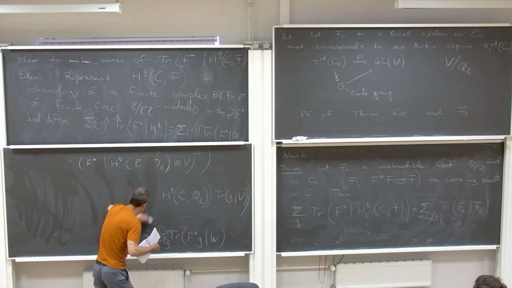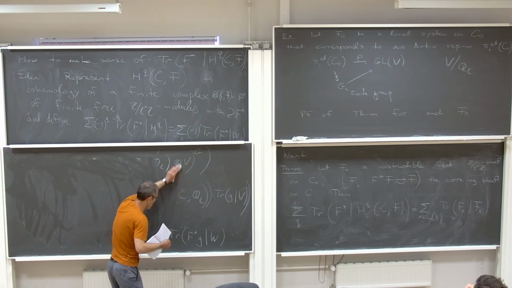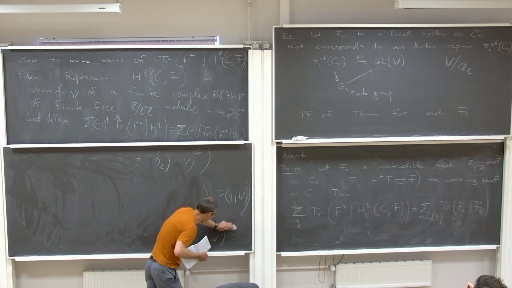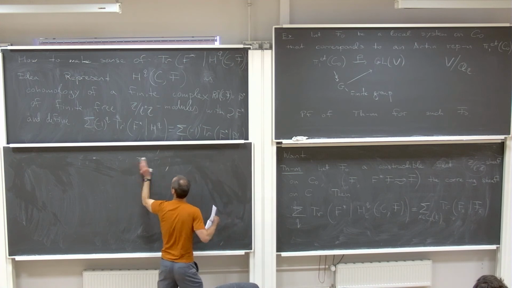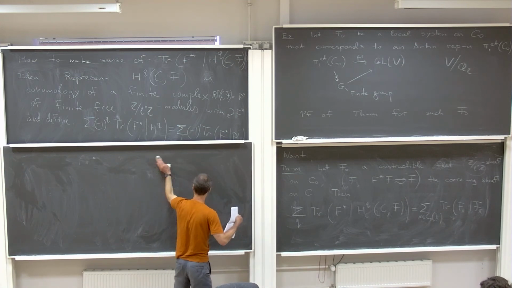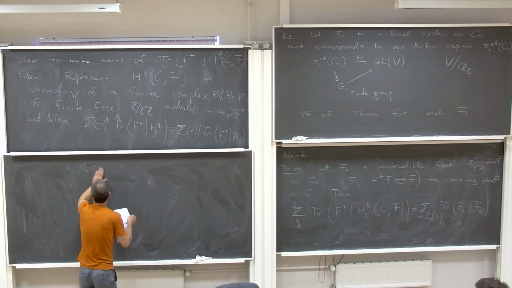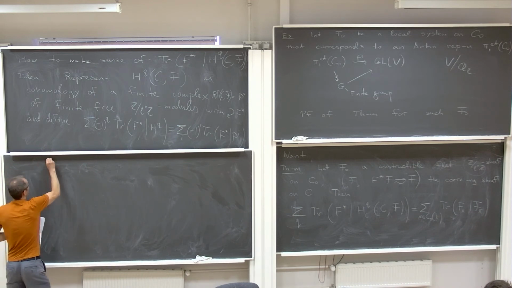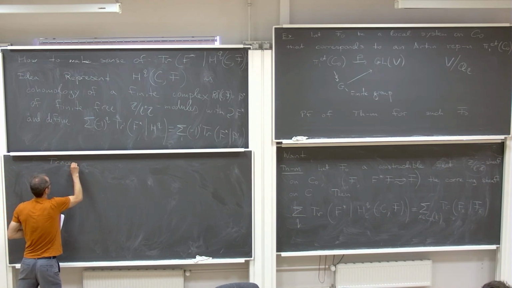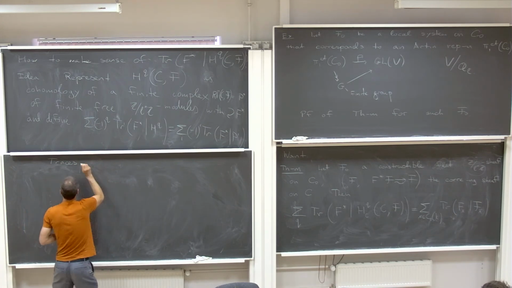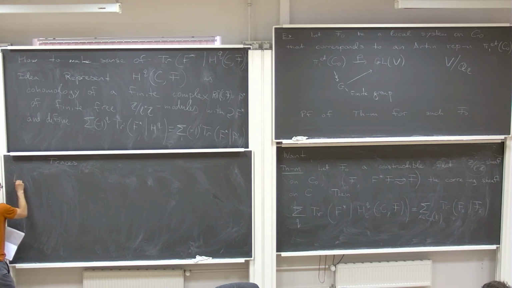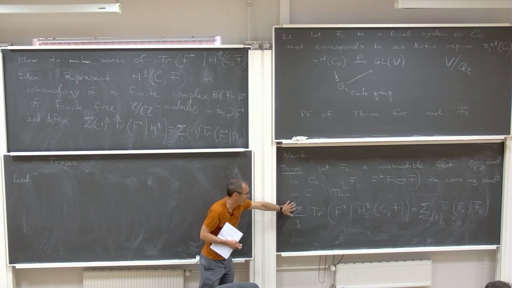In order to do this, let's make a digression about traces of matrices. I will explain this in a slightly more general setting that will be used in the proof of this theorem, not only the statement.